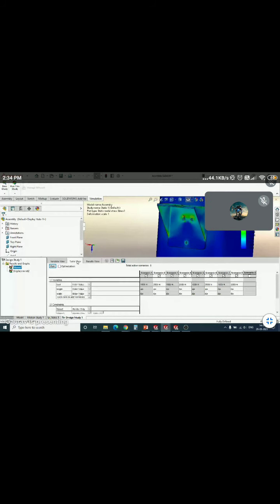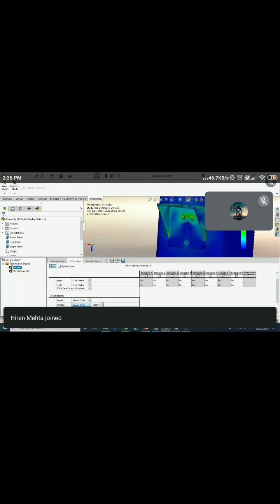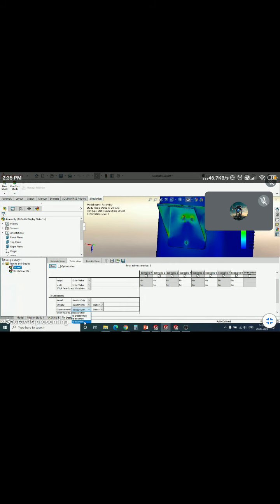Also one more thing, you can specify the values over here, right? If you want your results to be less than a certain displacement value, that is, results should be less than 2 mm, for example, you should have your stress always less than the yield strength of the material.